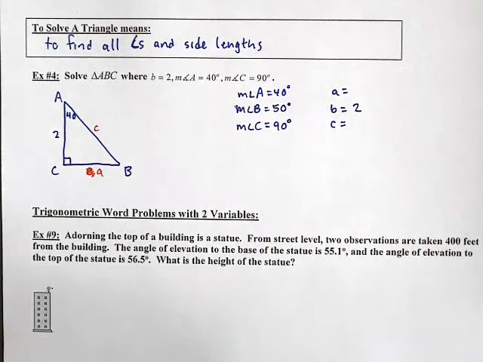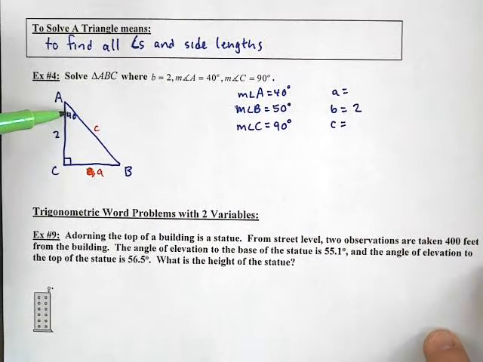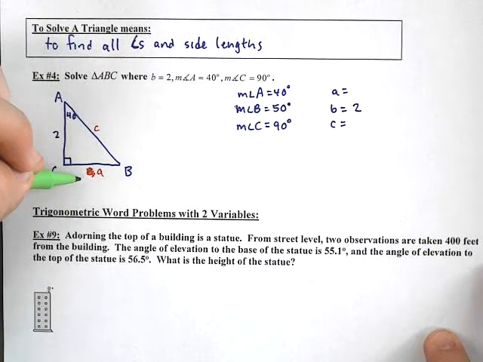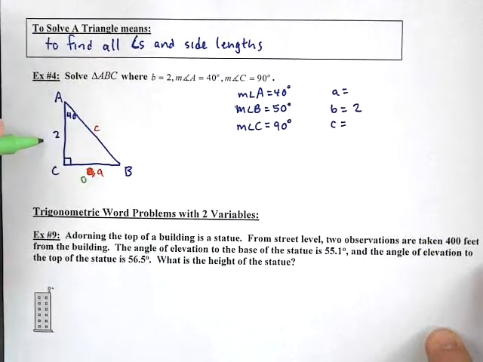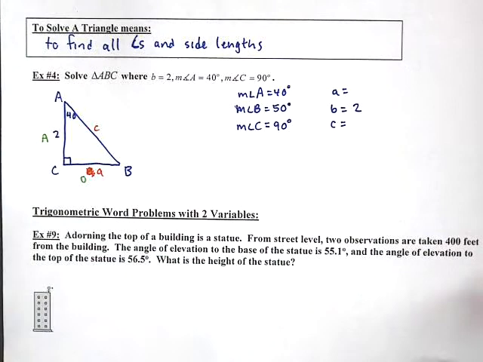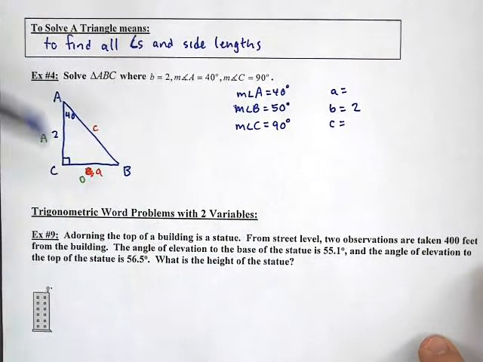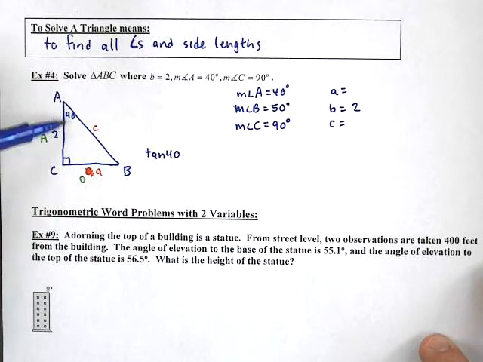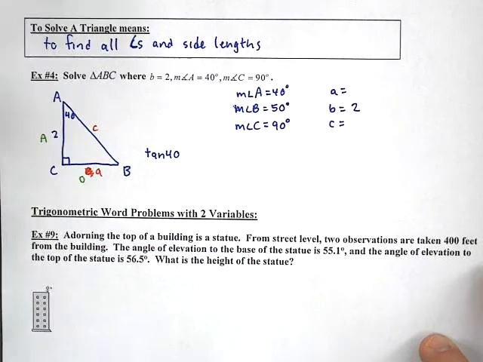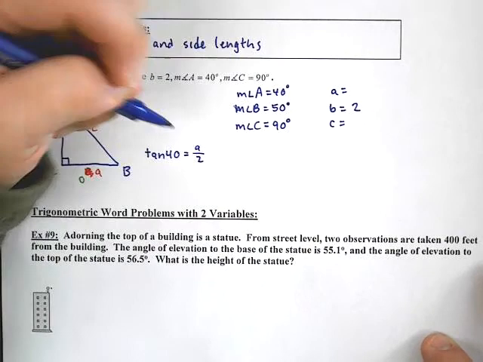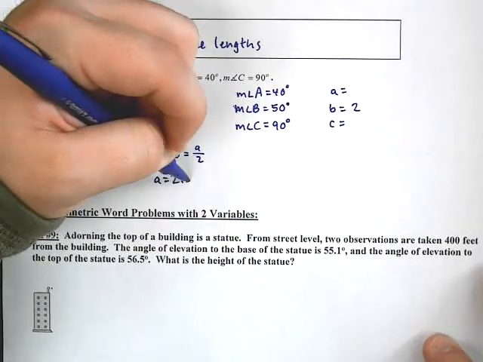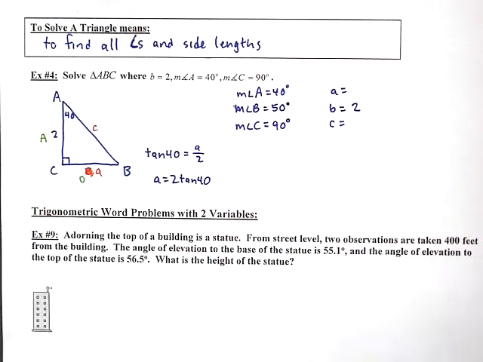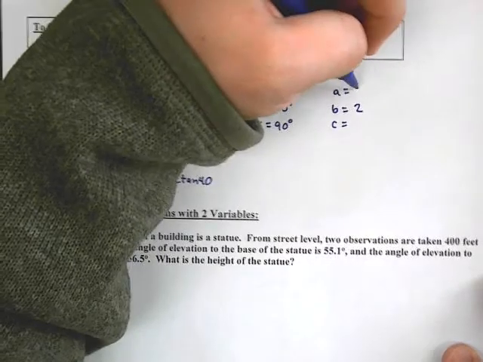So I'm going to use angle A, and then a is my opposite, and 2 is my adjacent. So the tangent of 40 is equal to a over 2, or a equals 2 tan 40. 2 tan 40 is 1.68.